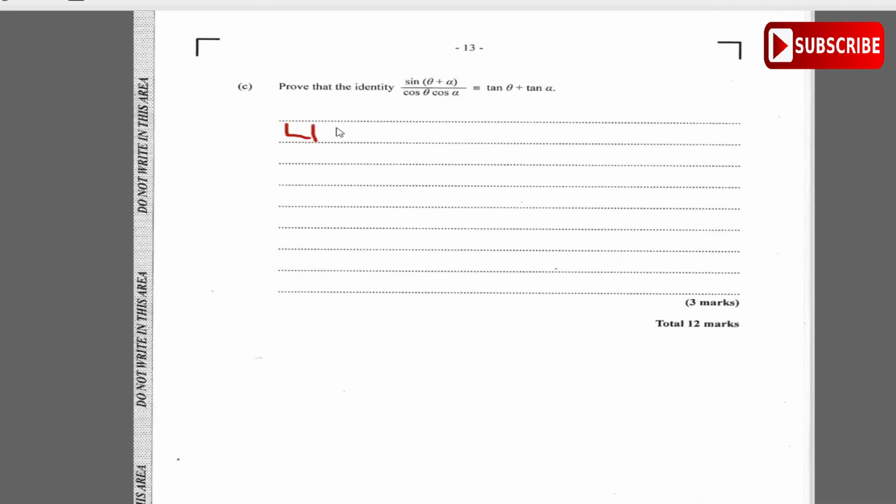I love saying LHS, my left hand side, which is the sine of theta plus alpha, and that is of course being divided by the cosine of theta times the cosine of alpha. So let's work out this easy question.